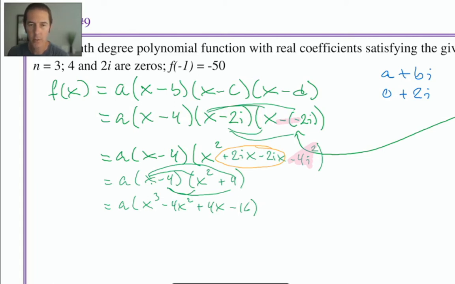Now I'm going to use the last piece of given information, that f of negative 1 is equal to negative 50.